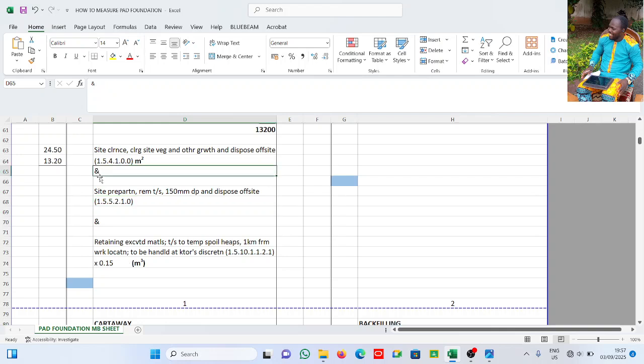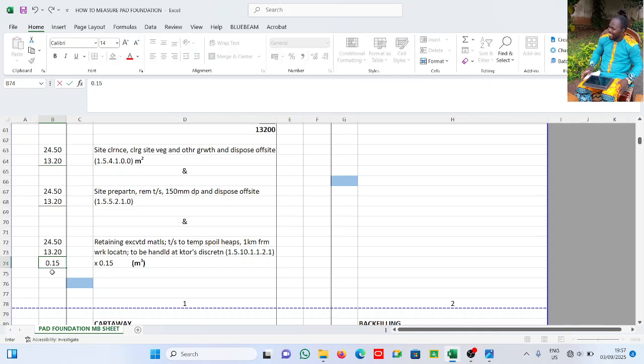I've explained this before, using "and" to connect different descriptions that have one singular dimension. I've explained this in our previous video also. Right, I can use "and" instead of me repeating, instead of me doing this and doing it here also, and now you don't say multiply by 0.15.